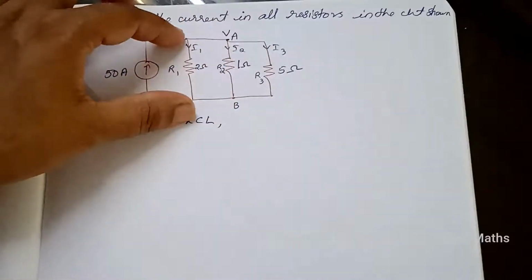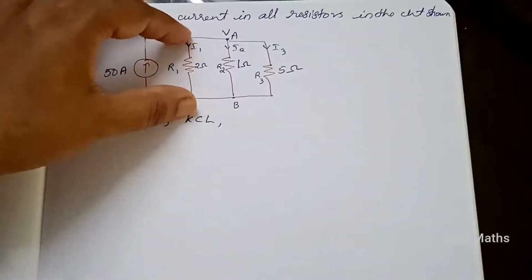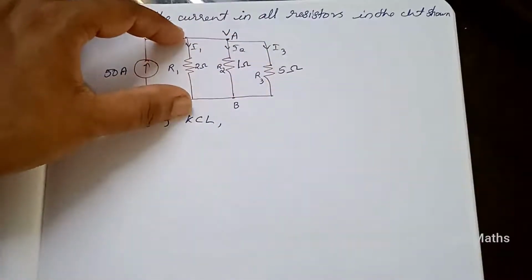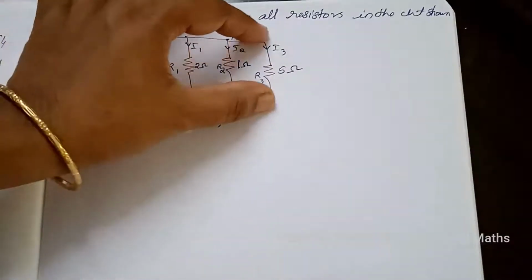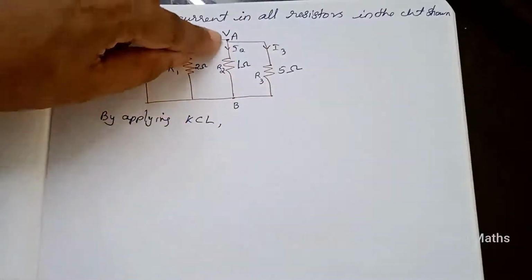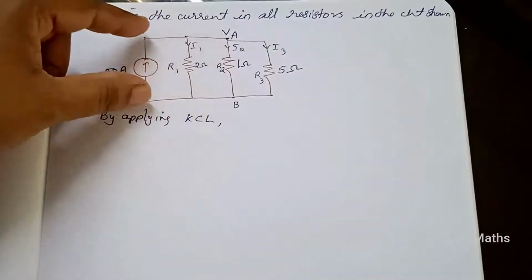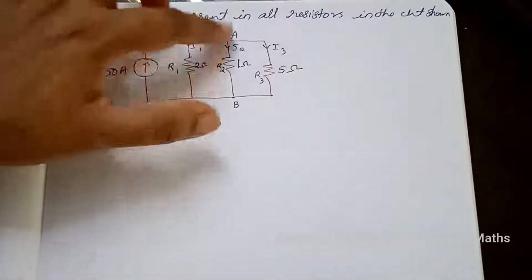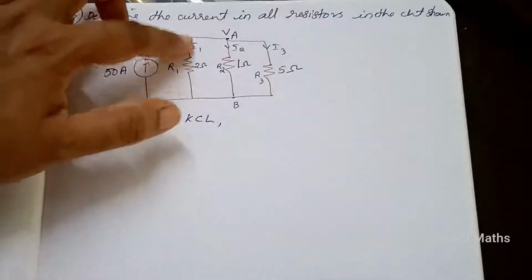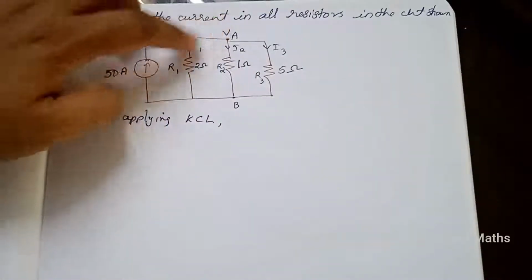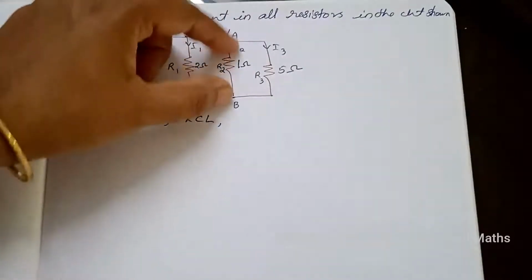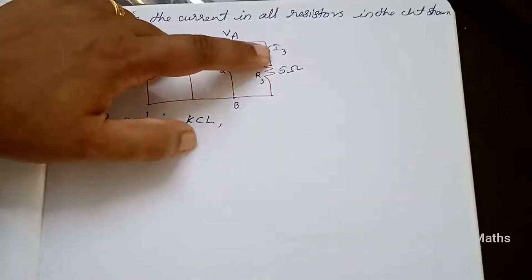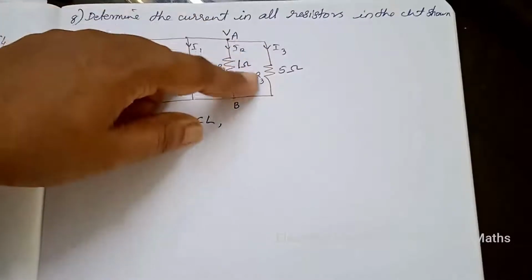In a parallel circuit, the voltage applied across each element will be equal. That is, across these three resistors, the voltage will be V. And according to Ohm's law, the current I1 will be equal to V by R1, I2 will be equal to V by R2 and I3 will be equal to V by R3.